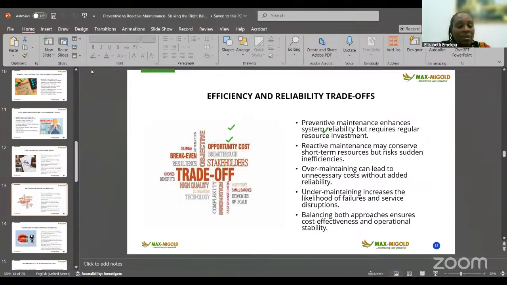This implies under-maintaining increases the likelihood of failure and service disruption. Just as if you over-maintain, if you also under-maintain, you also have risk of asset damage. Okay? Balancing both approaches ensures cost effectiveness and operational stability.